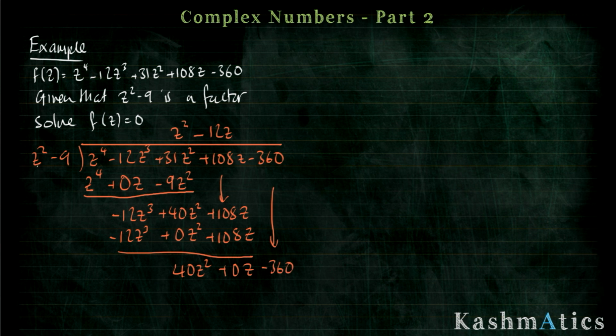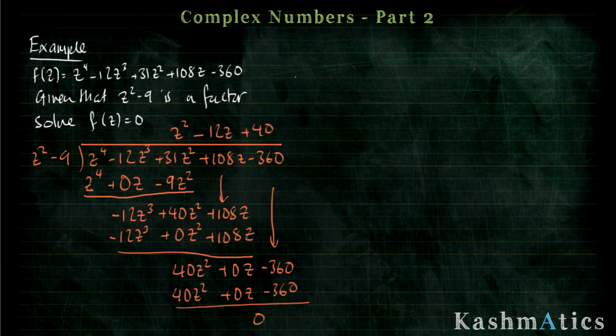I've got z squared multiplied by 40 to make 40z squared, so add 40 and multiply 40 by all of this, so that gives me 40z squared plus 0z, take away 360, and the remainder there is 0.